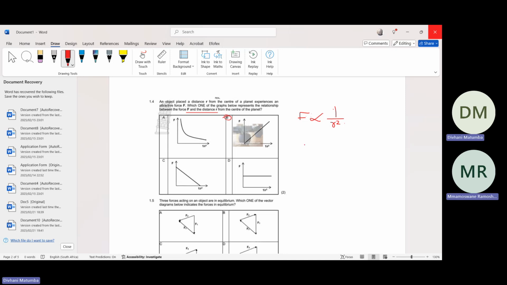When r increases, does F increase? No, I don't think so. It decreases, right? Yes. But you said F. Oh, you may have a point. Let me see.